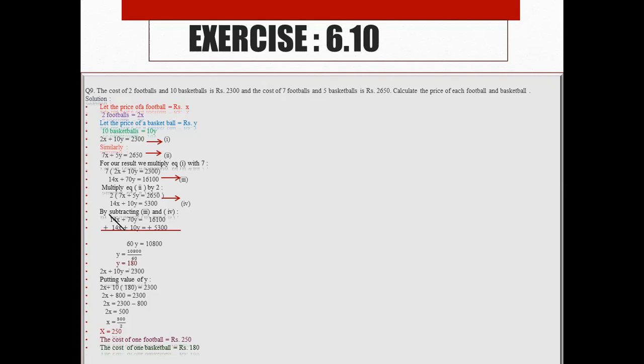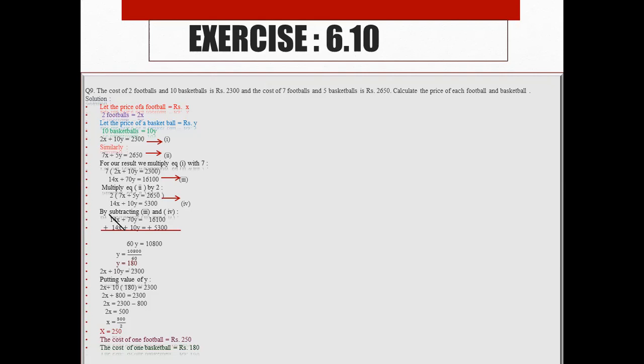So the equation will become 7x plus 5y is equal to 2650. Now again, the same condition that we had in question 8. The coefficients of both variables are different in the two equations. In the first equation, the coefficient of x is 2, and in the second equation, the coefficient of x is 7.